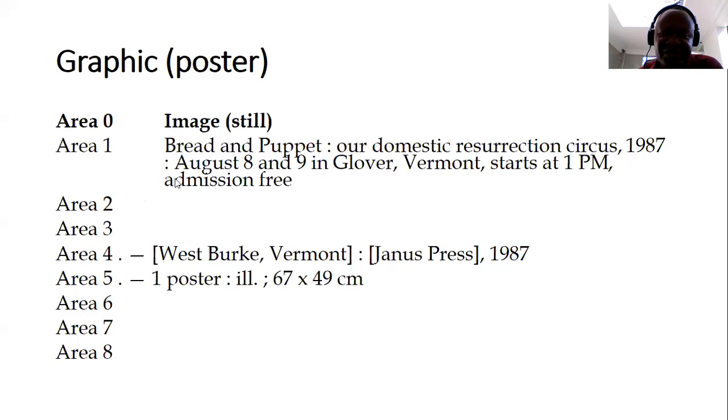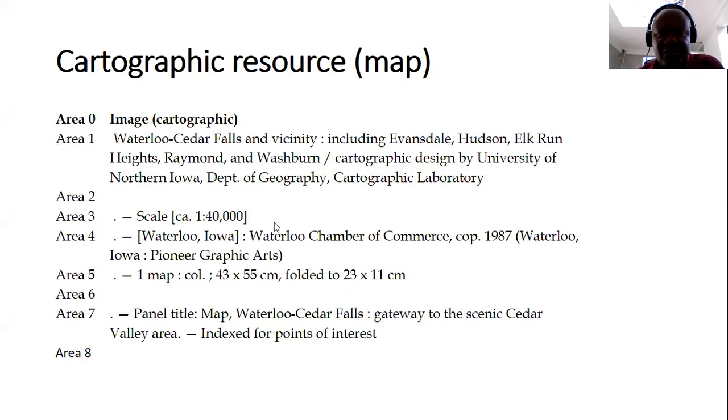But in most cases, posters won't give you that info. I hope for posters, we are clear with how area O would look like. The rest of these areas we handle the same way we have been handling, but we shall see the difference in the physical description. You can see in this one, we just mentioned that it is one poster, and then further indicated that, of course, it is an illustration and the dimension. So that is the example I wanted to pick before I go backwards.